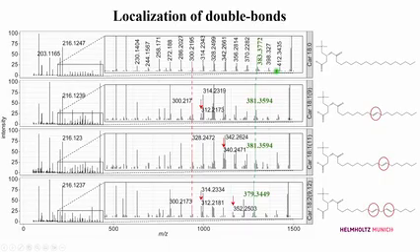So we compared the EAD fragmentation spectra of carnitine with an 18-carbon chain without double bonds, then carnitine with an 18-carbon chain with one double bond, in different positions, respectively 9 and 11, and the same carnitine with two double bonds.